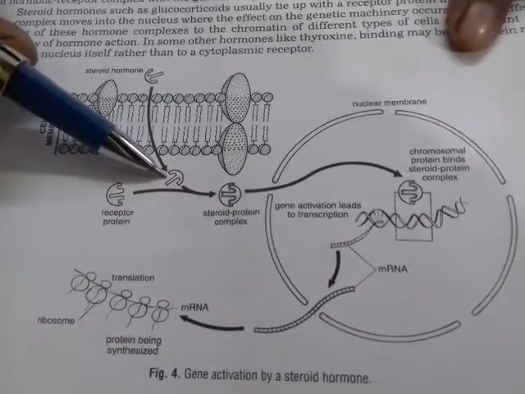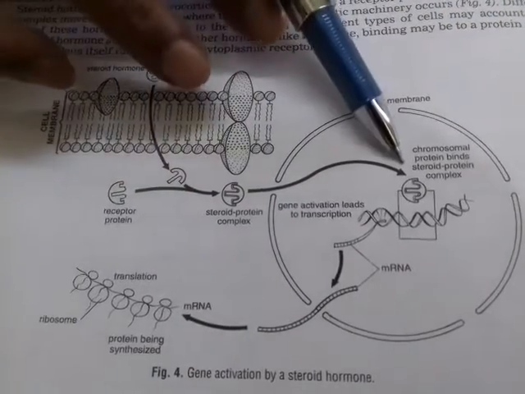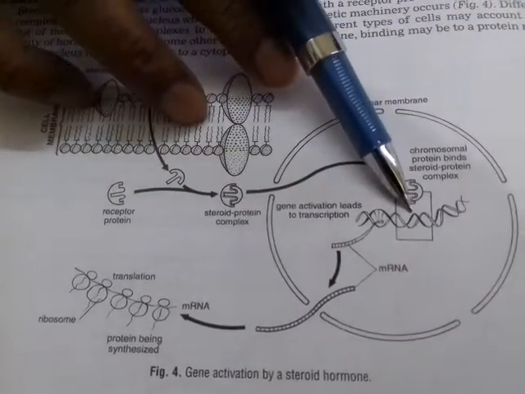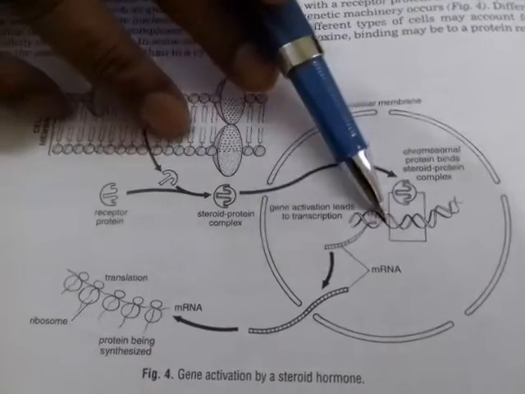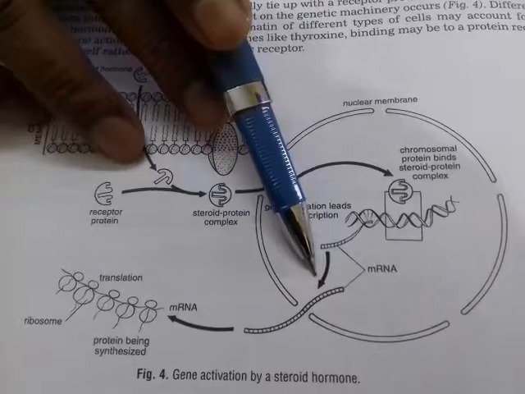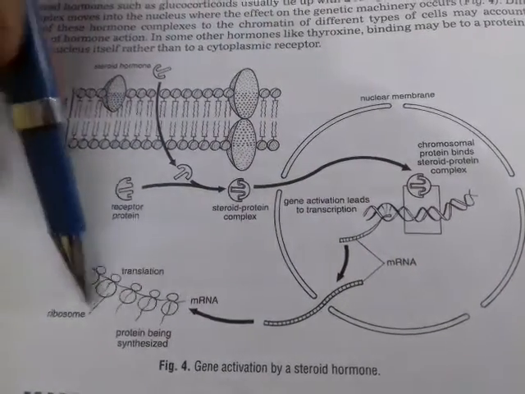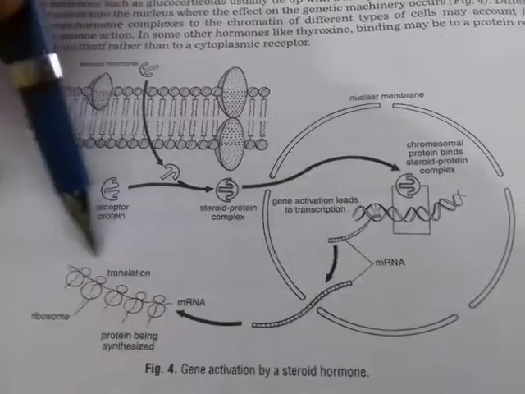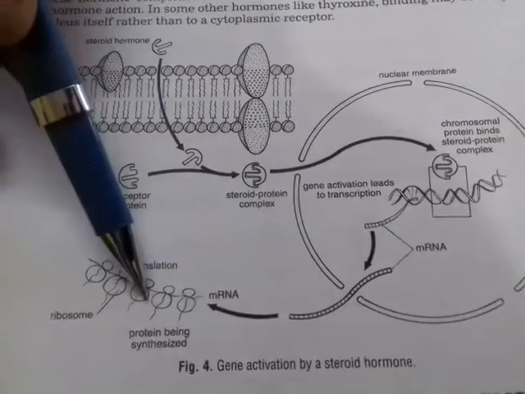The protein receptor combines with the steroid hormone and they enter the nucleus, attach to the DNA at a particular site, and stimulate the process of transcription. The mRNA then goes to the cell cytoplasm with the help of the ribosome and is translated into the protein required for that particular action.